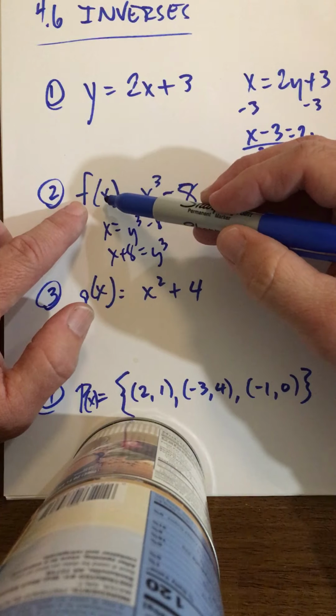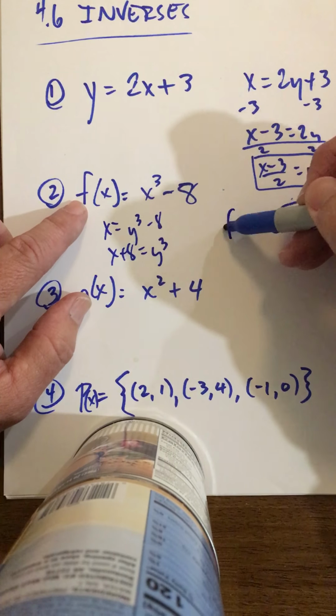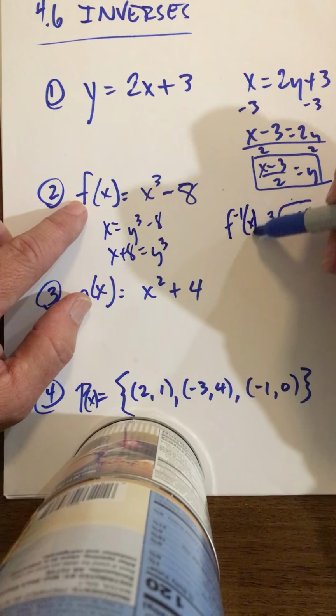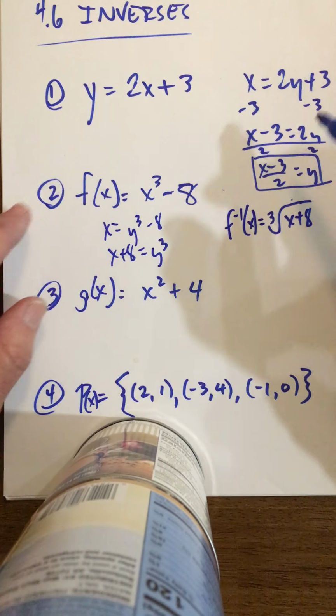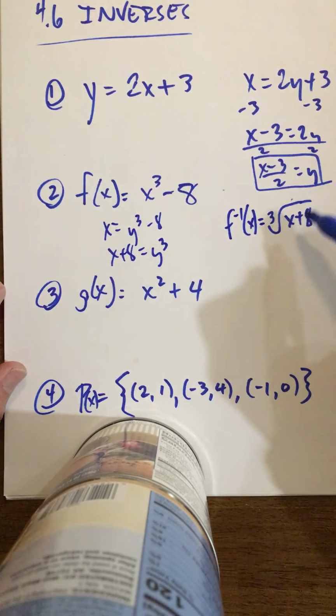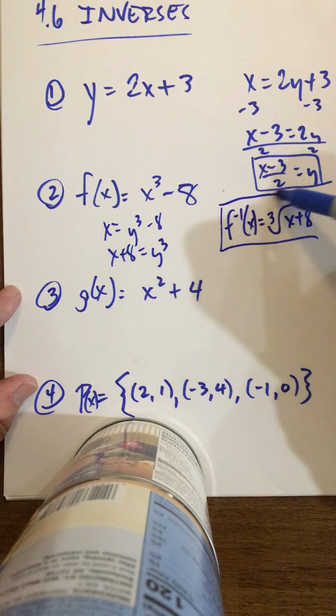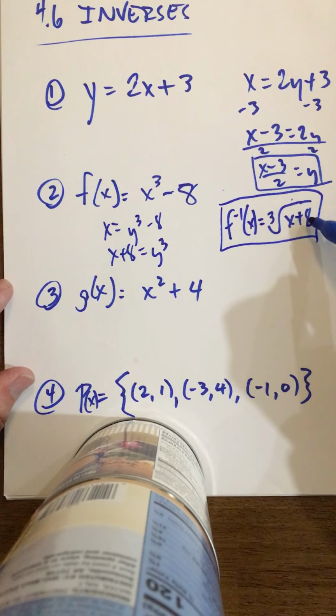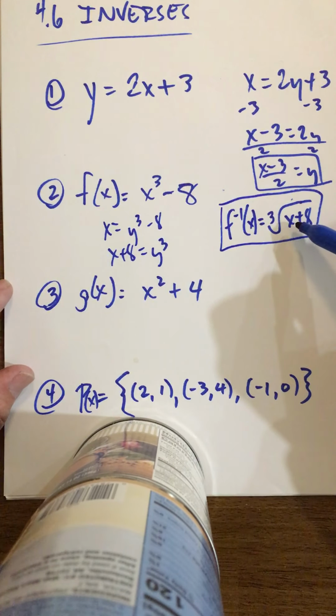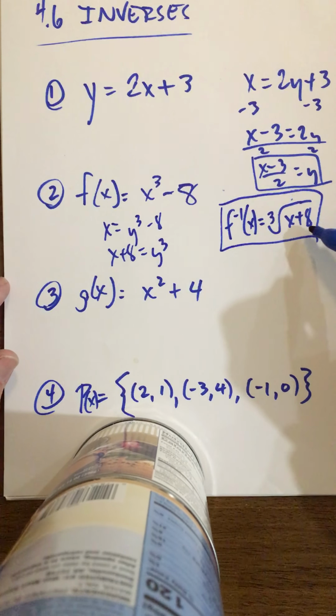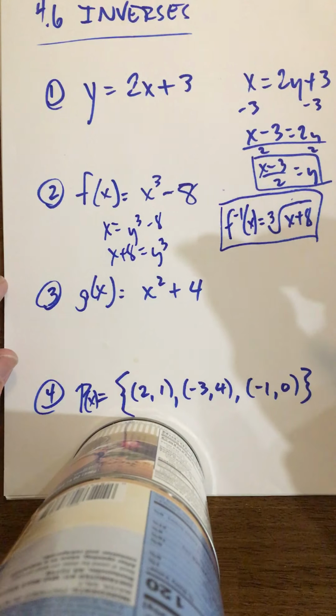Well, remember, we started with f of x equals. So when we write our answer, we put f to the negative 1. That means f inverse. This is the inverse of f, which is the cube root of x plus 8. Okay? Remember, you can't take the cube root of pieces with plus signs and minus signs. So that would actually be the inverse there.